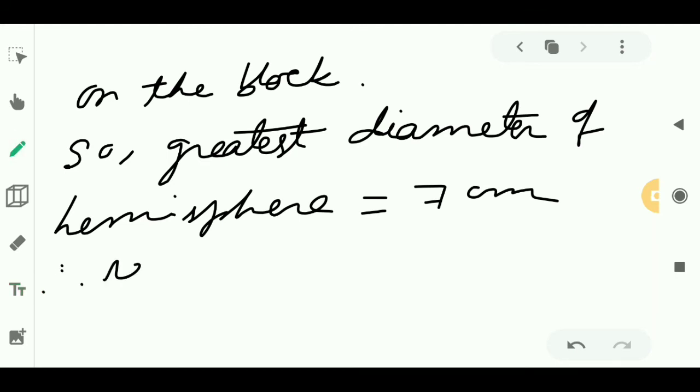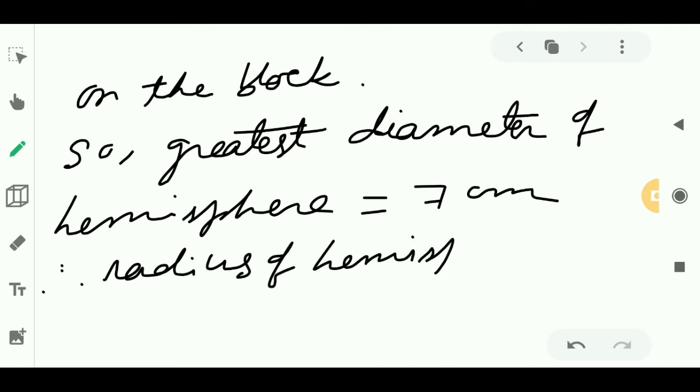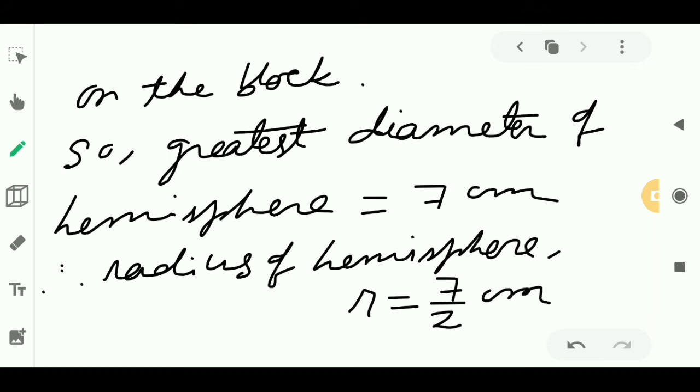Therefore we can write the radius of the hemisphere is equal to 7 by 2 centimeter, half of the diameter.